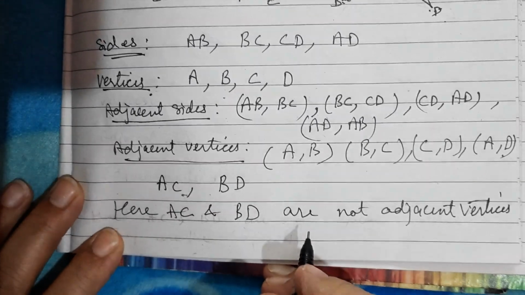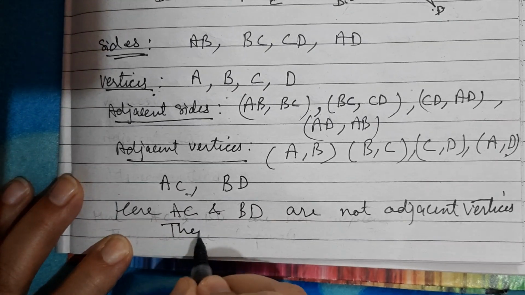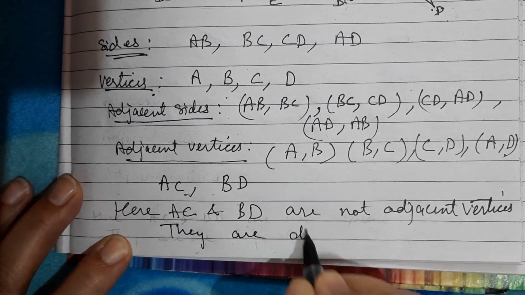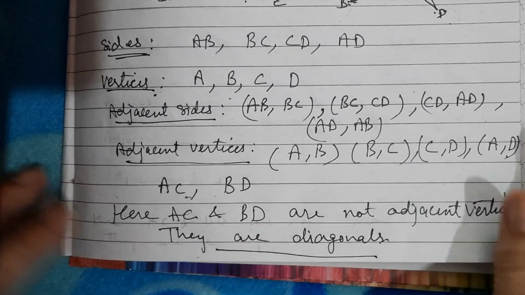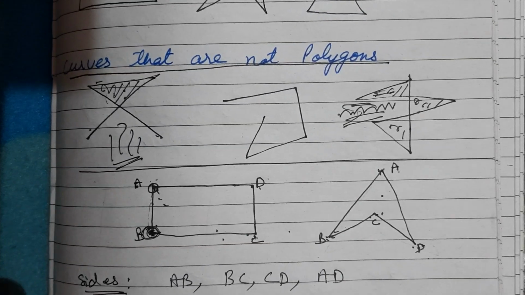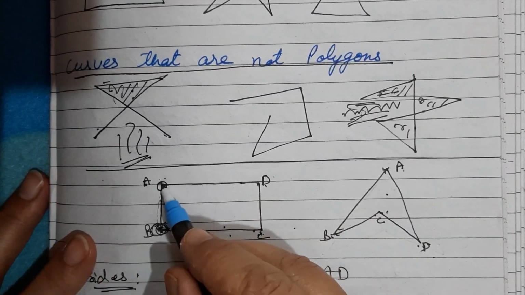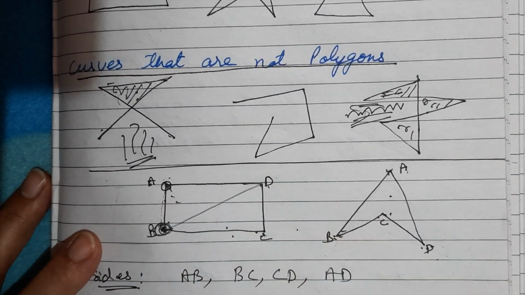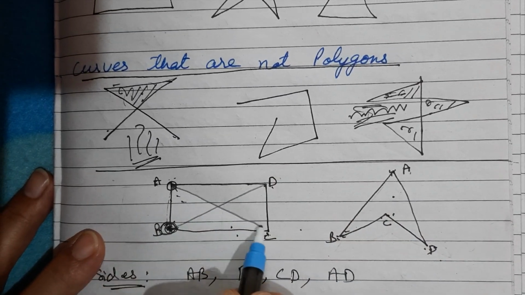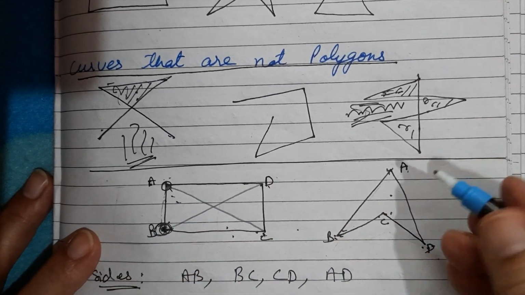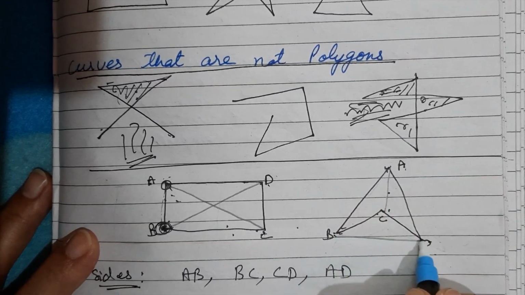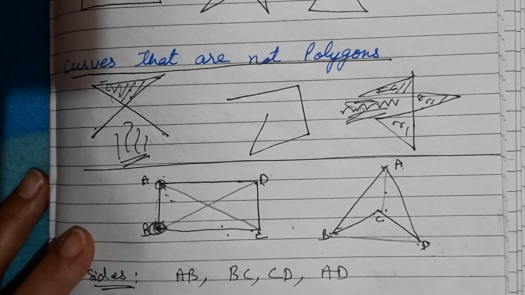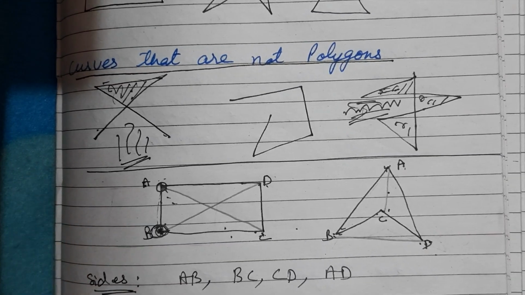If they are not adjacent vertices, they are diagonals. When we join these two, this is the diagonal of the polygon, this is also the diagonal of the polygon. Here also AC is the diagonal of the polygon and BD is also the diagonal of the polygon. So this is the diagonal.